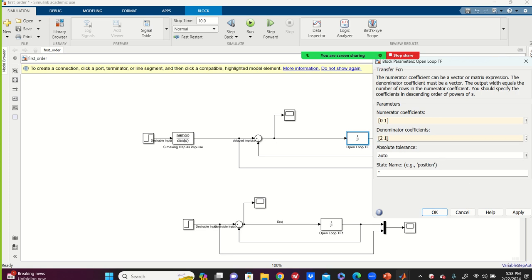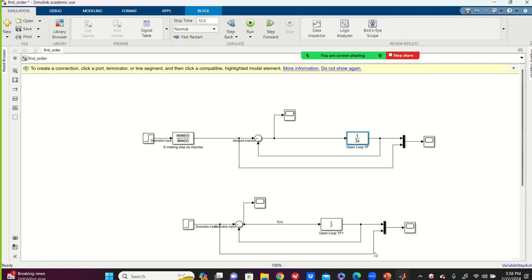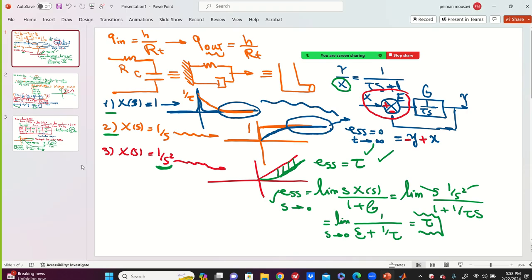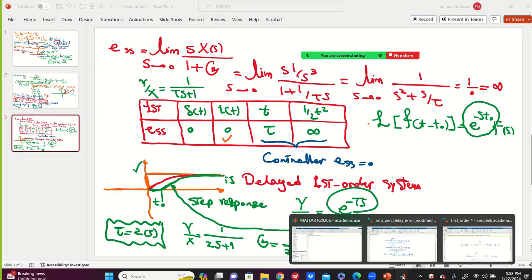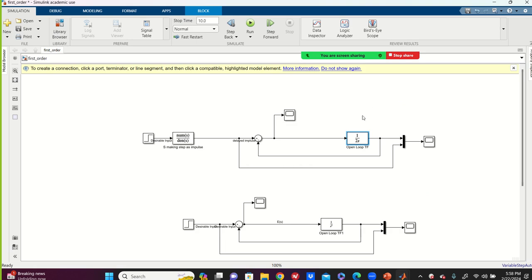But this is a closed-loop transfer function. We have to put the open-loop transfer function, 1 over tau s. So here is 0. There we go. See, 1 over 2s, as I said here, the G open-loop transfer function. So I'm going to copy this and put it here.